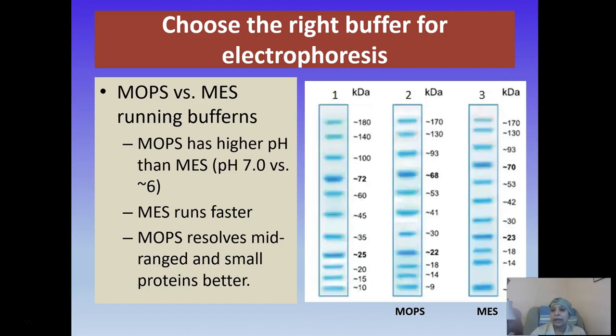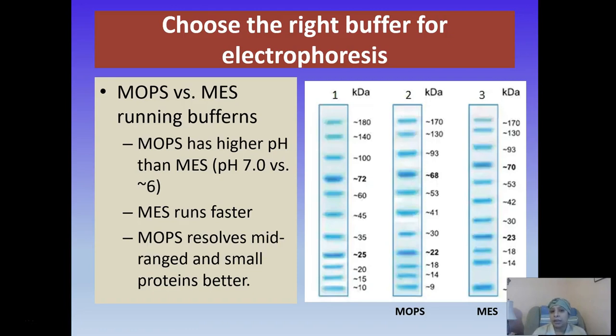Not only that, if you compare MOPS and MES specifically, again thinking about those smaller proteins, if you have tiny proteins, MES is going to resolve that small protein region a lot better, a lot more clearly than if you used MOPS or just the typical buffer. So that's something to keep in mind when you are deciding which exact buffer you need to use.